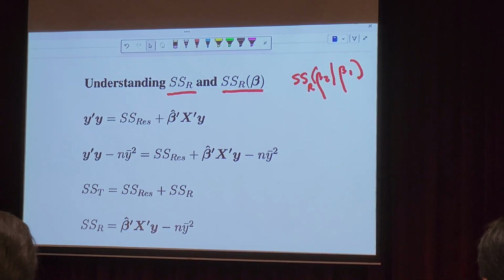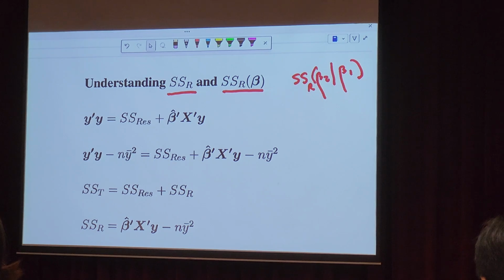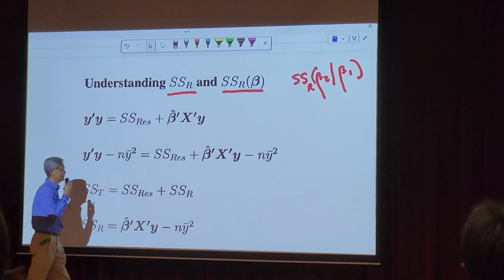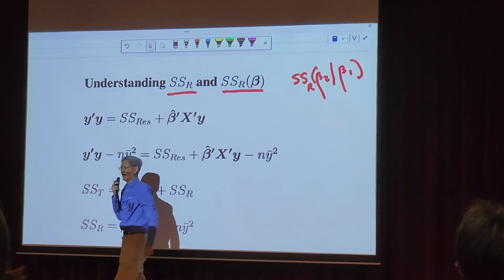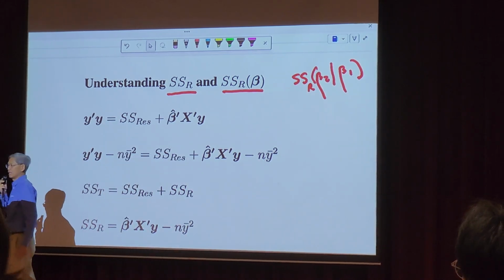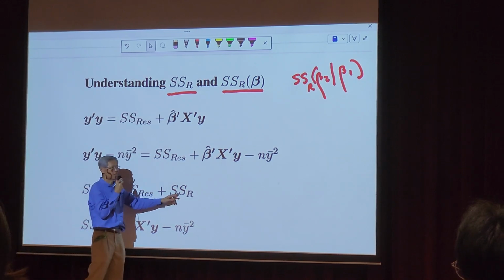Actually, that's not the reason why we need to subtract n y bar squared. I lie. Okay? What's the true reason that we need to subtract n y bar squared? The true reason is we want SSR.